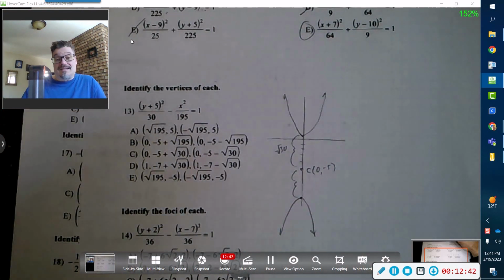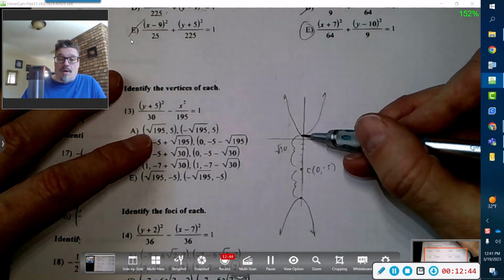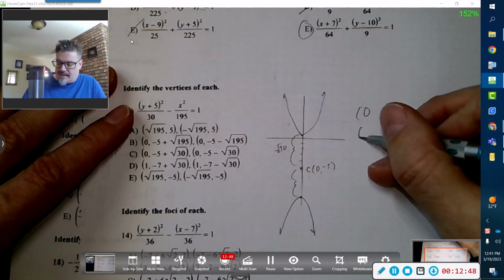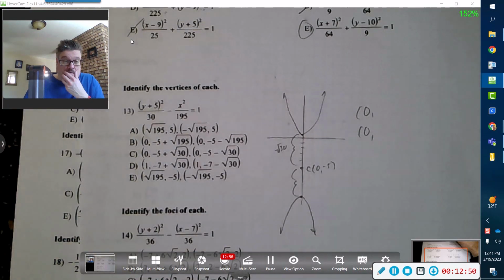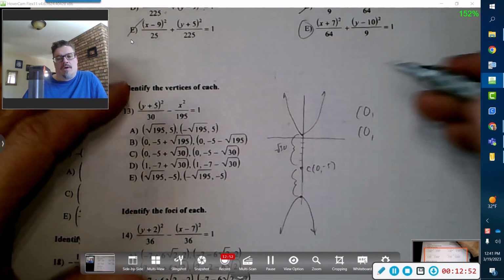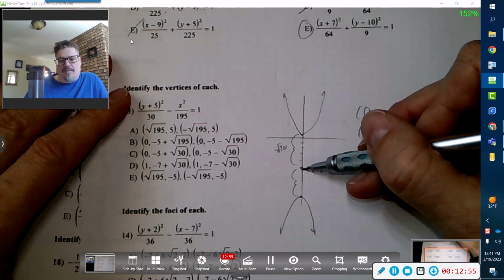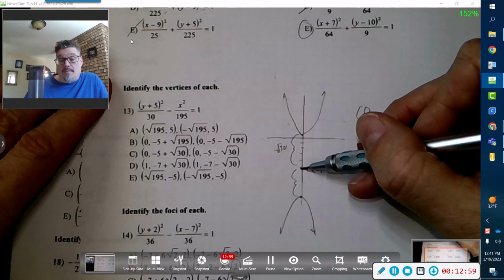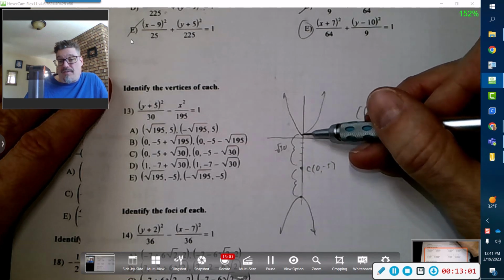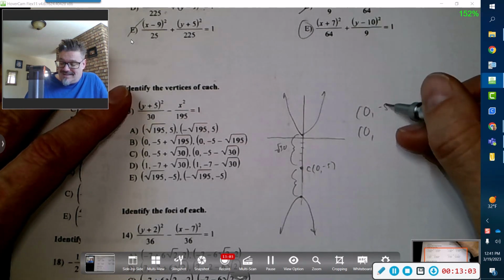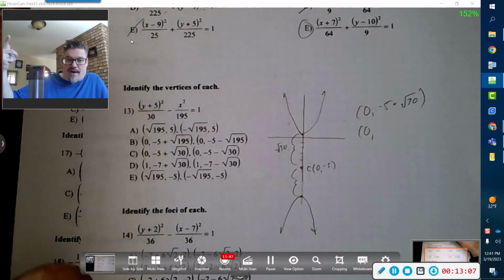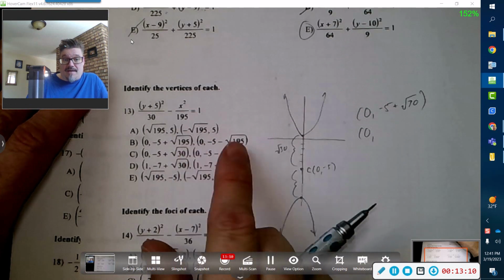So with this, what we have to do is figure out where that is and where this is. Notice that they both have the x-coordinate of 0. But what's nice is that we know we start here at negative 5 for our center. If we're going up radical 30, all we really have to do is look at it like this. You're going up radical 30. That's the nice thing about having it in these forms.